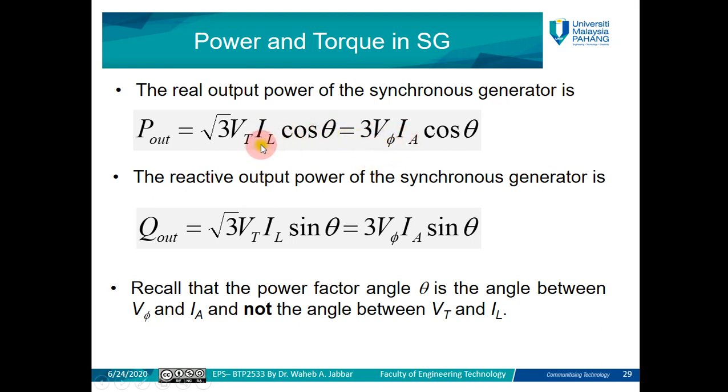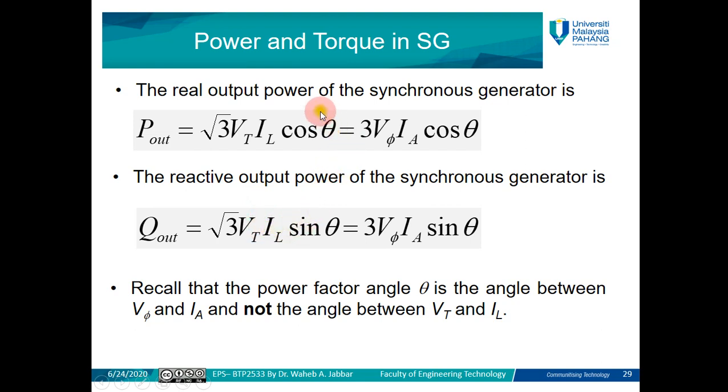If you apply the formulas that we have for the delta and star connections, the V line for the star is equal to √3 V phase, and in the delta the V line equals V phase. For the current, the I line is equal to I phase in the case of the star, and in the case of delta I line is equal to √3 I phase.